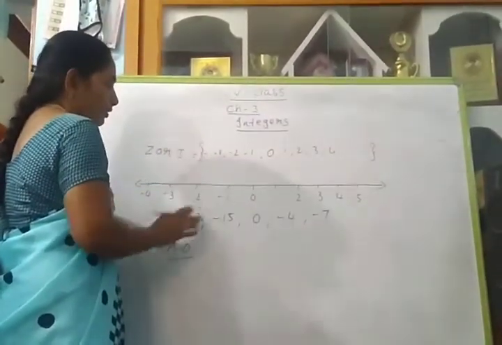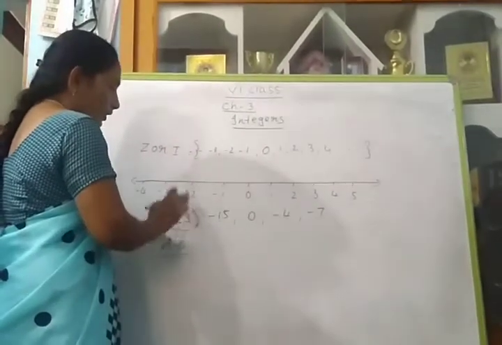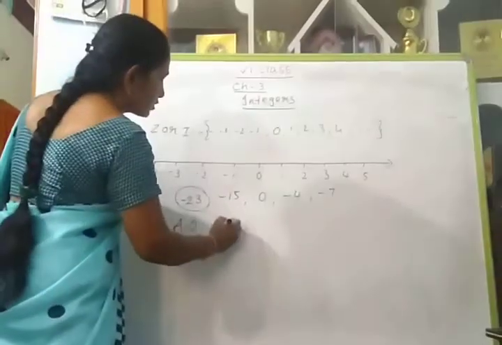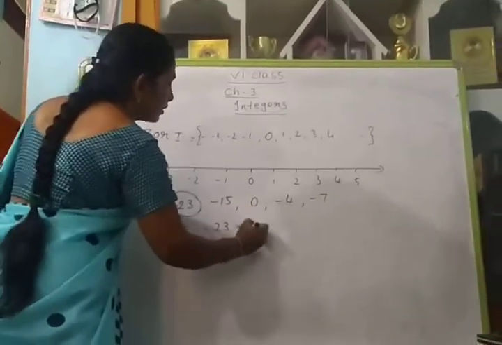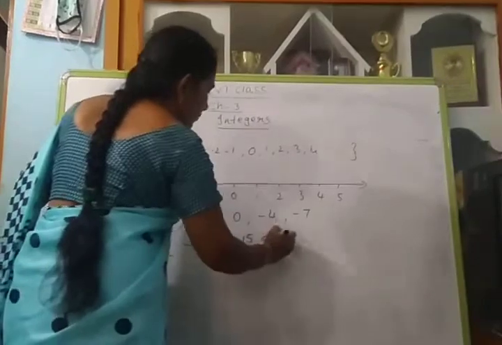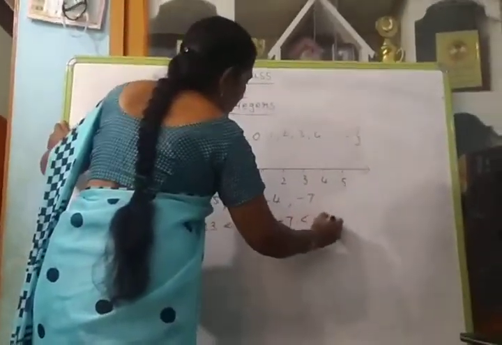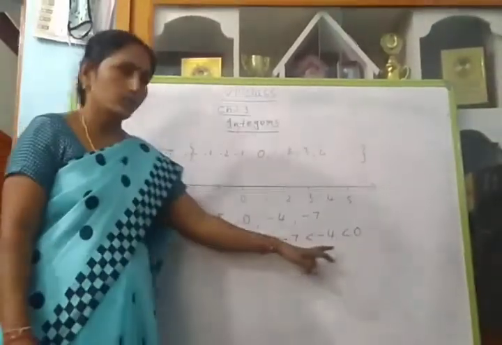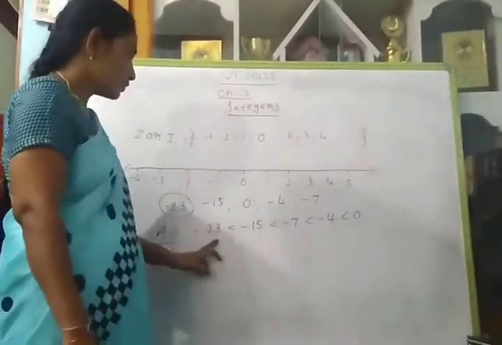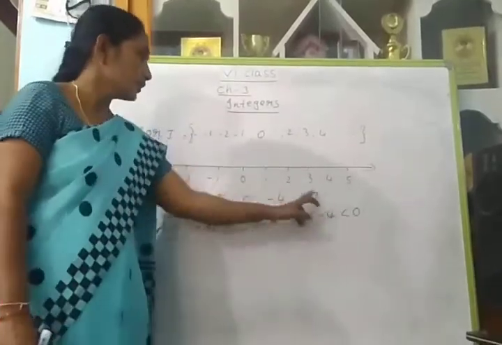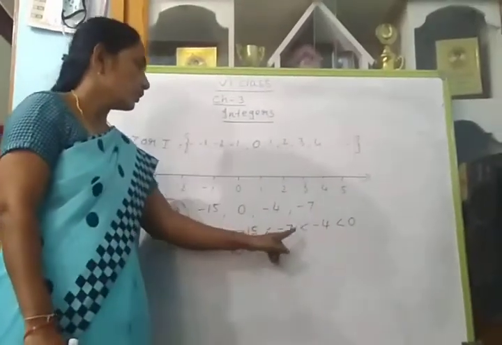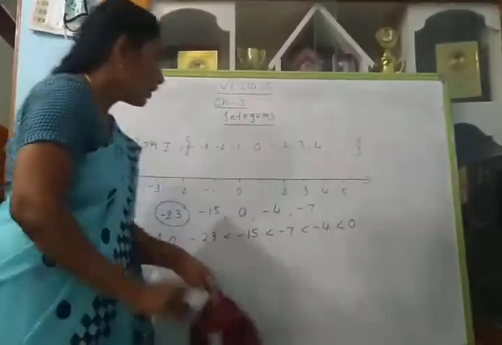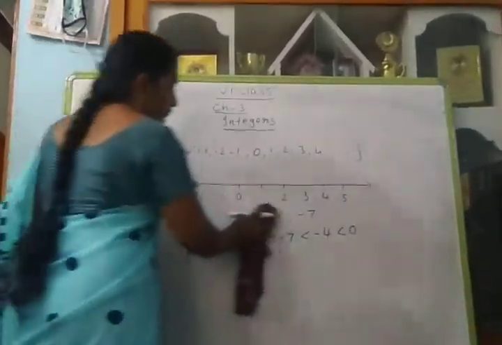Remember, when we write a negative sign before a number, the bigger number becomes smaller. So minus 23 is smaller, then minus 15, then minus 7, then minus 4, then 0. Like this we have to arrange in ascending order.